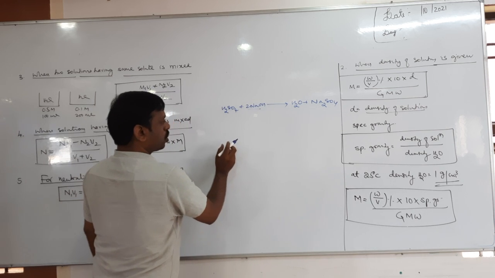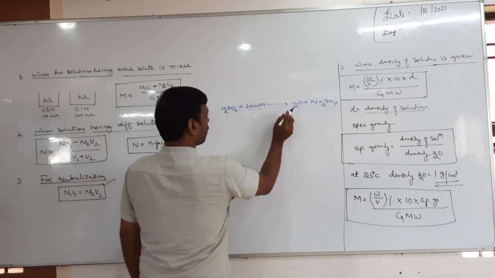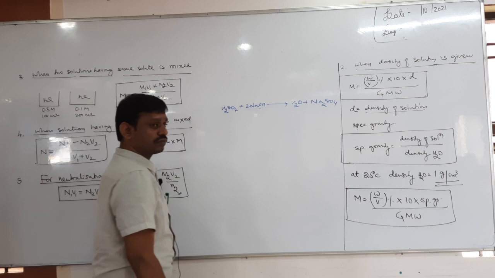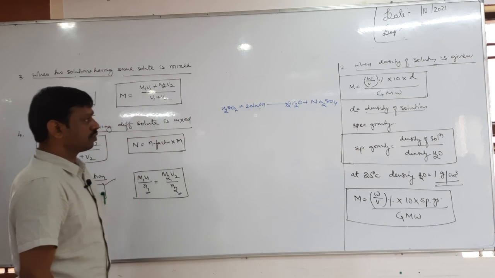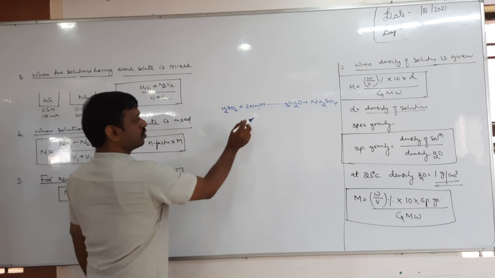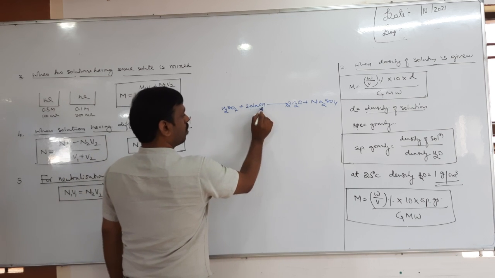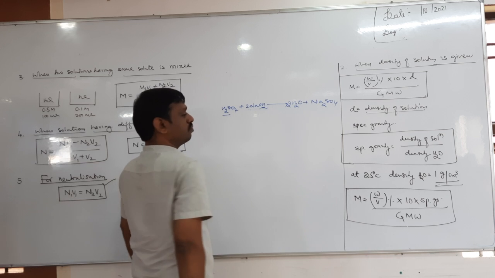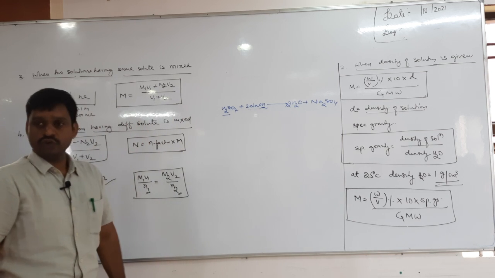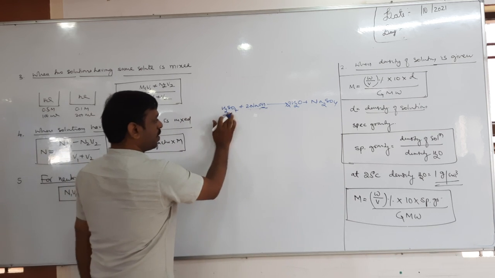And how many water molecules? It is 2H2O: 2 sodium, 1 OH, and 2 hydrogen. So 2H2O. Now it is a balanced equation.